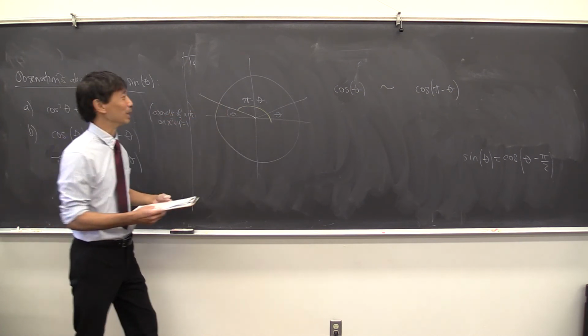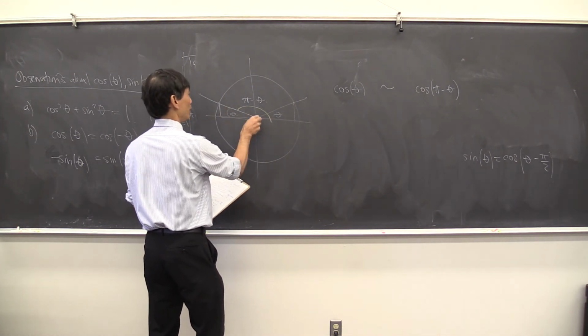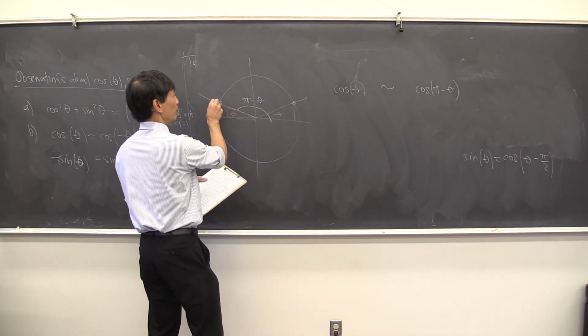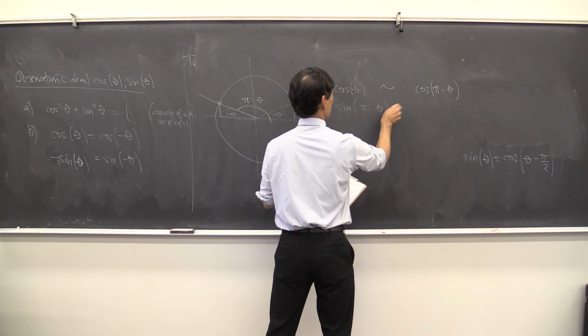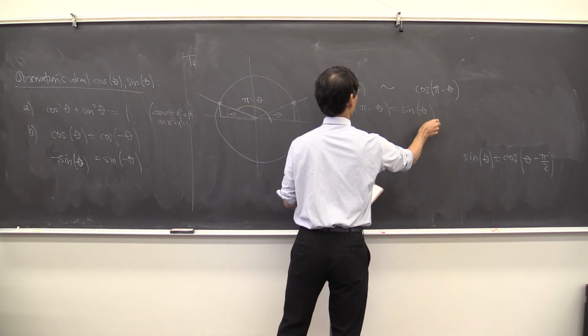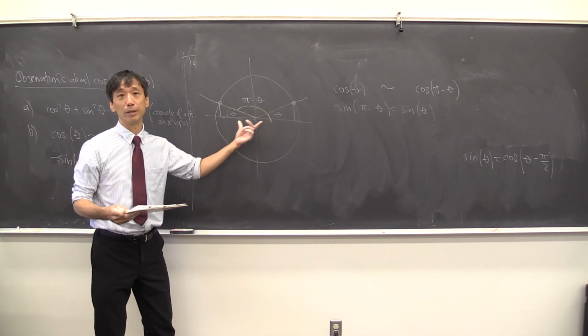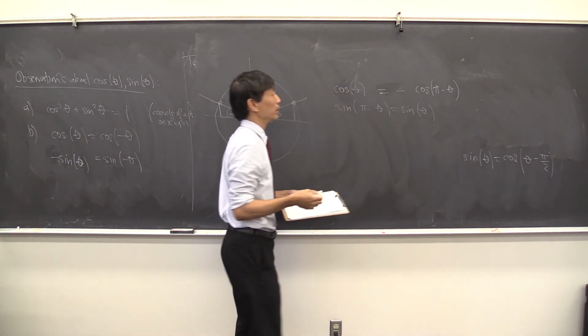They're equal, because you've got this triangle, which is a reflection of this triangle. So sine of pi minus theta is the same thing as sine of theta. But you see that the x coordinates are the negatives of each other, so cosine of pi minus theta is negative cosine theta.